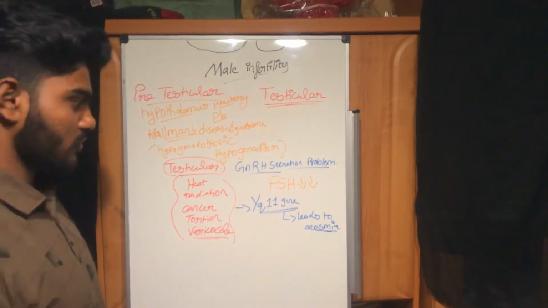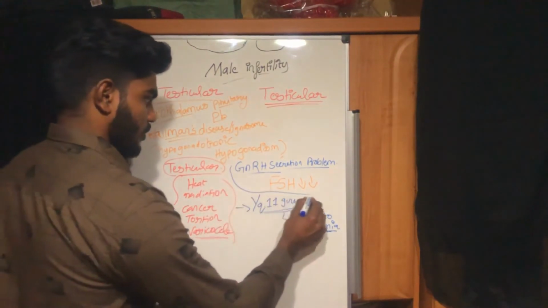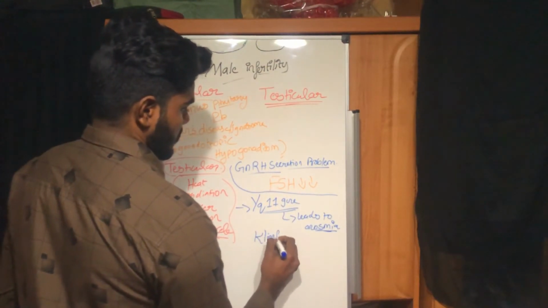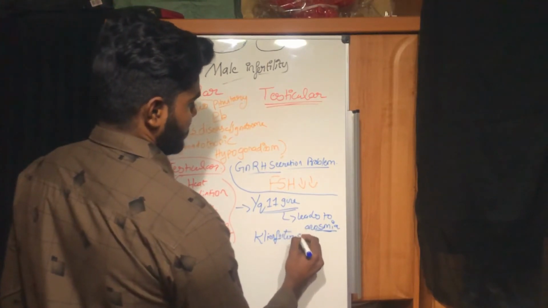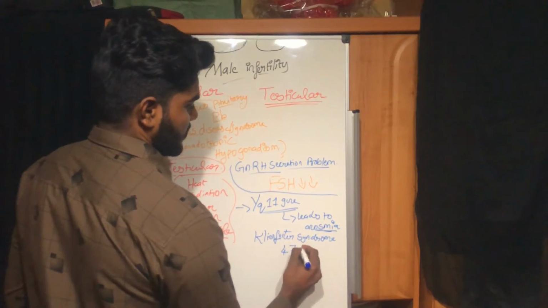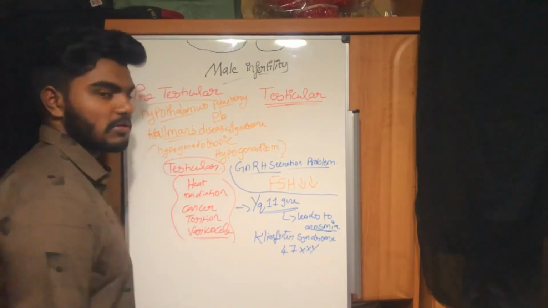Next thing is Klinefelter syndrome. See, in Klinefelter syndrome, we can see 47 XXY. Here also the problem is in the testis.